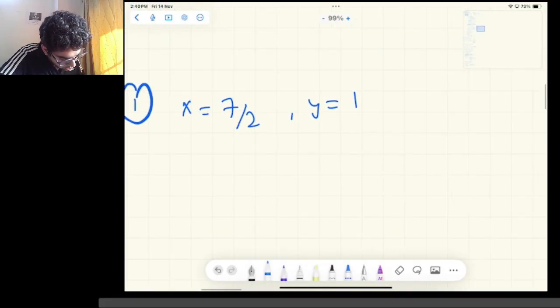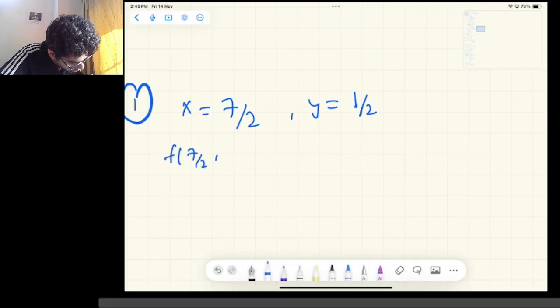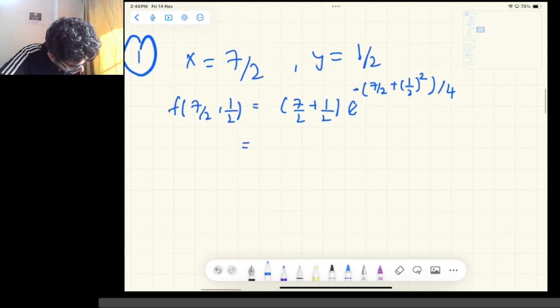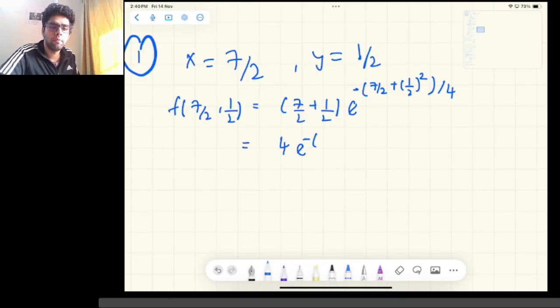So at 7 by 2 comma half, this will be x plus y, so 7 by 2 plus 1 by 2, and e to the power minus (7 by 2 plus square of 1 by 2) divided by 4. So 7 plus 1 is 8, 8 divided by 2 is 4, so 4, and this is e to the power minus (7 by 2 plus 1 by 4).